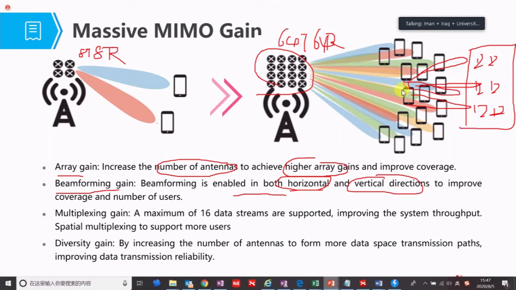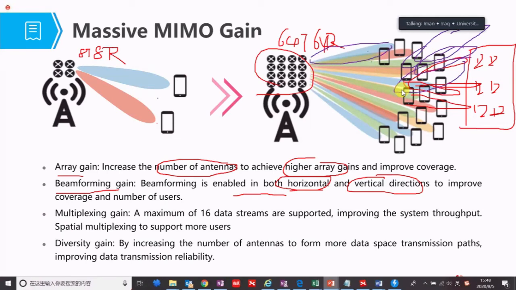Hi, Trainer. Can I ask a question? Please. I can notice that the beams interfere with each other. Is it a problem if a beam interferes with another beam? You mean these two beams may cause interference?